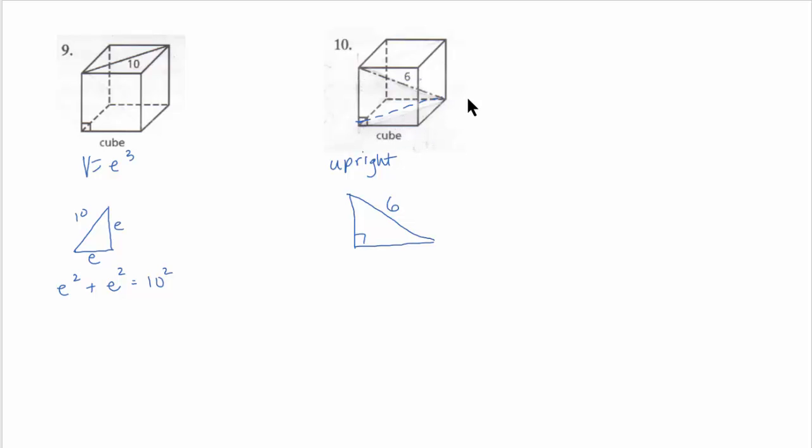But I'm going to use the base here because I need to find the length of the edge. This diagonal, I don't know how long it is, but I do know that my edges are edge like that, okay? So I can say that the edge squared here plus the edge squared here equals my diagonal squared.